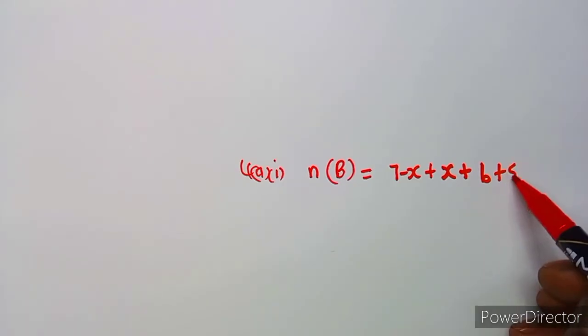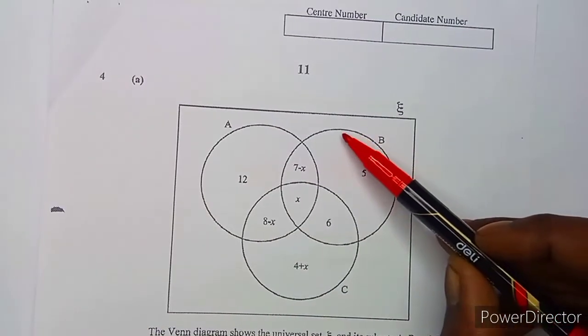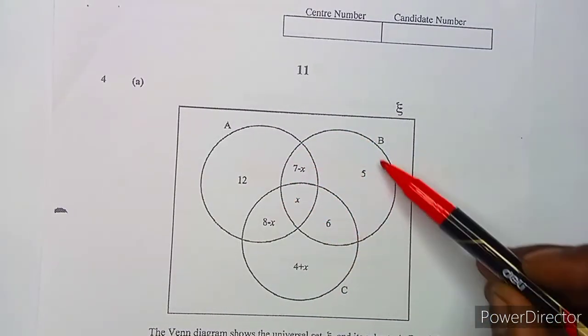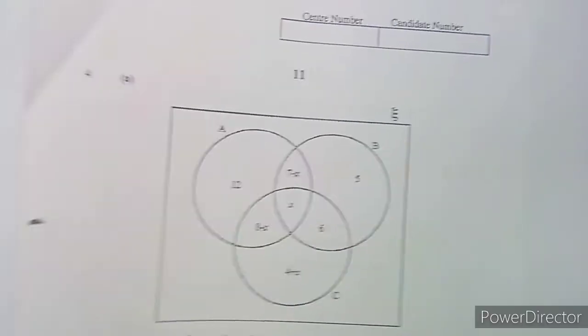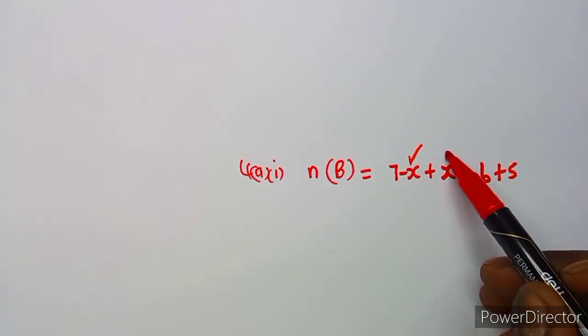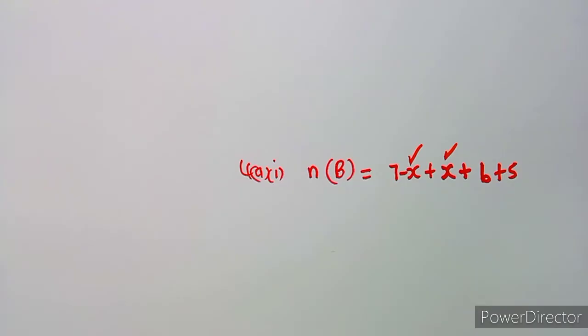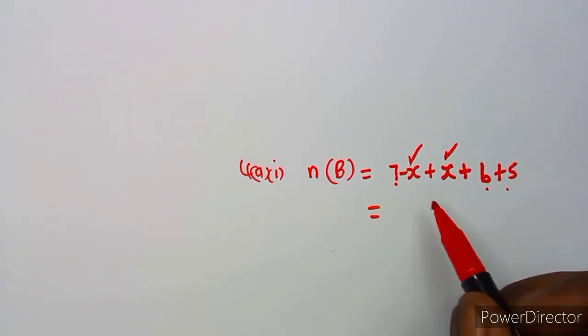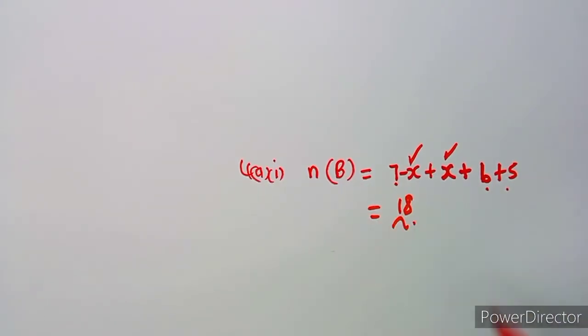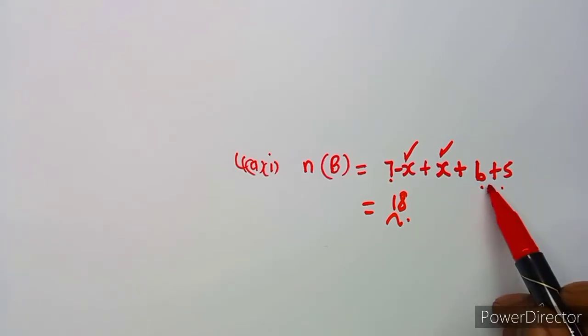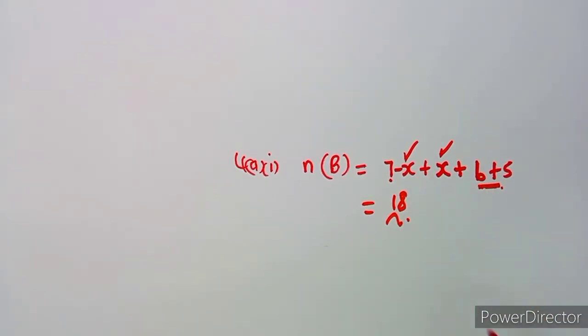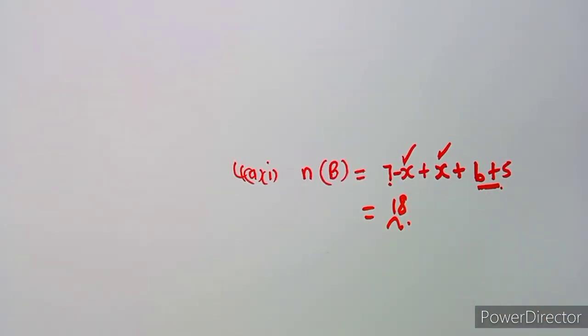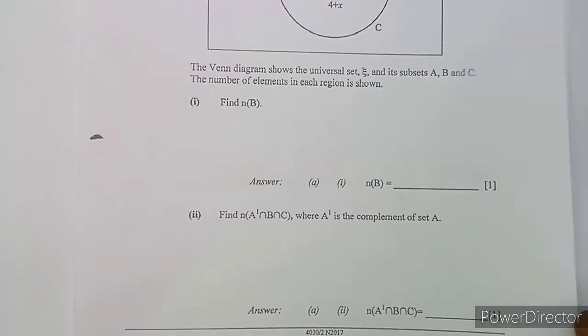This 5 here, everything; you just close this set B and add everything in that set. As you can see, minus x and plus x will cancel, so 7 plus 6 plus 5 will give us 18. So these are the number of elements in B, because this is simply 11 plus 7, that's 18. Okay, so that's what we had, and we move on to another question.